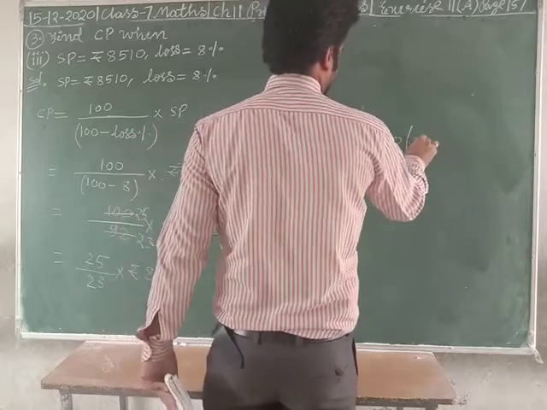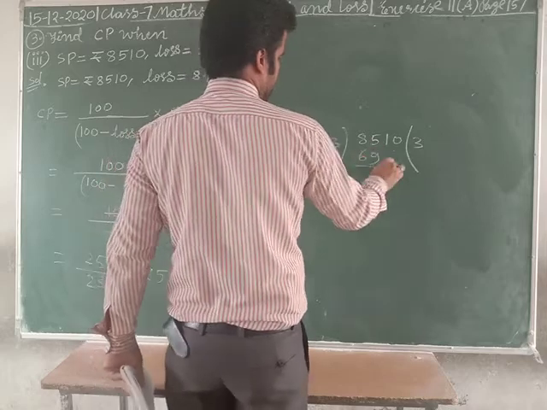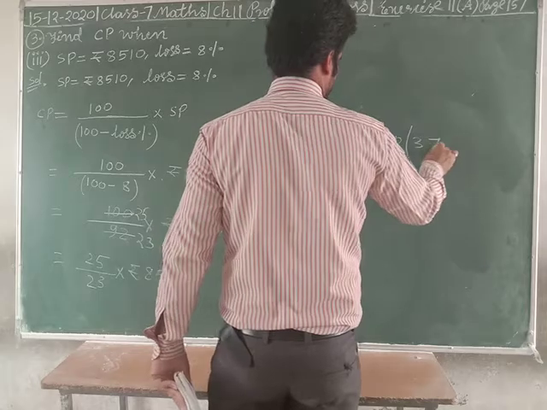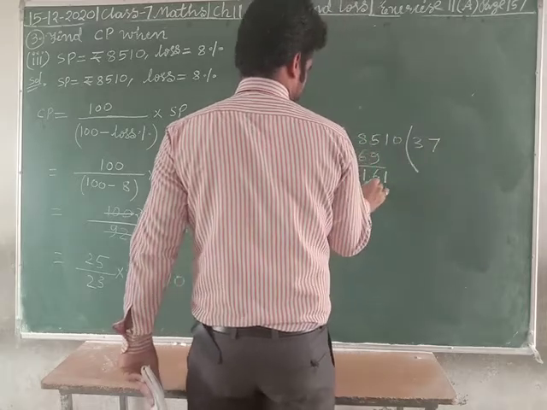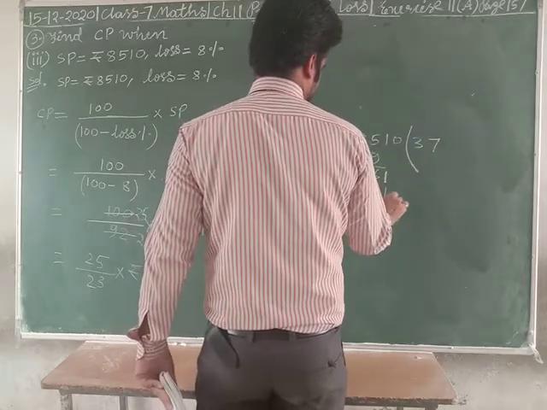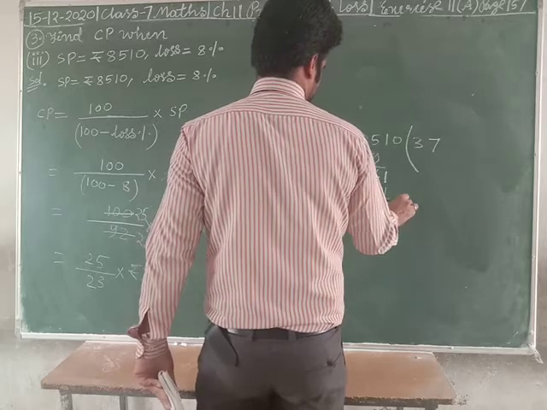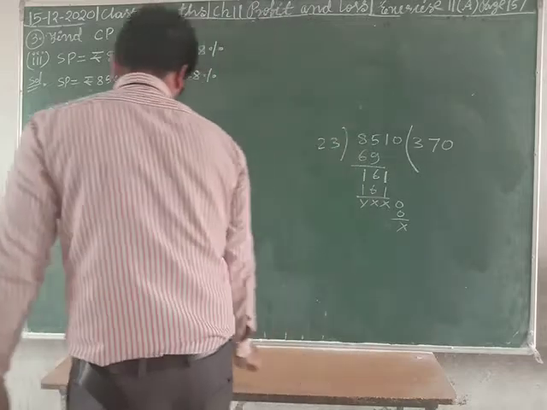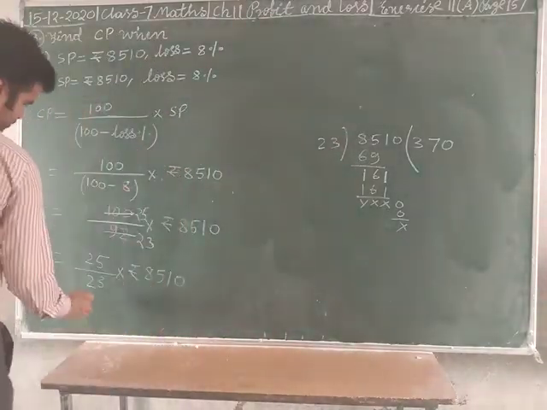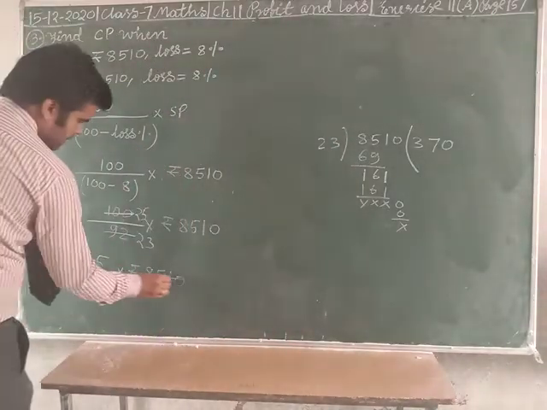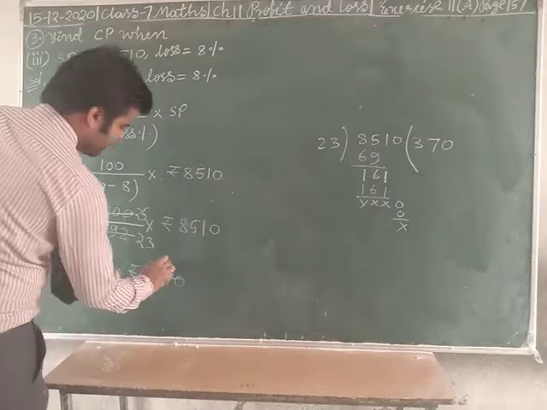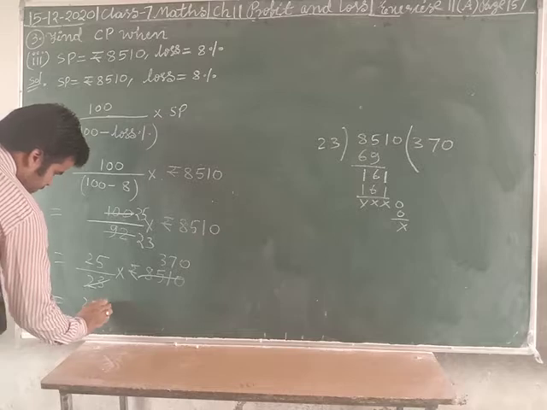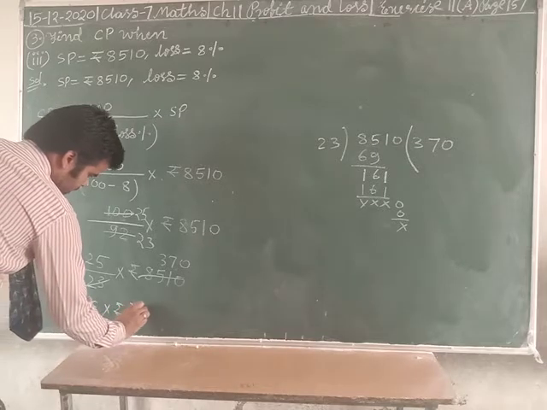So here 23 times 3 is 69 and 23 times 7 is 161, and here 0, here 0. Then students, here I write 370. Then 25 into rupees 370.